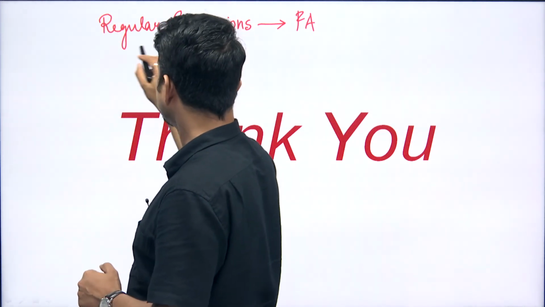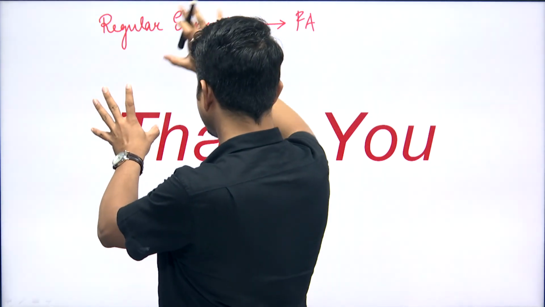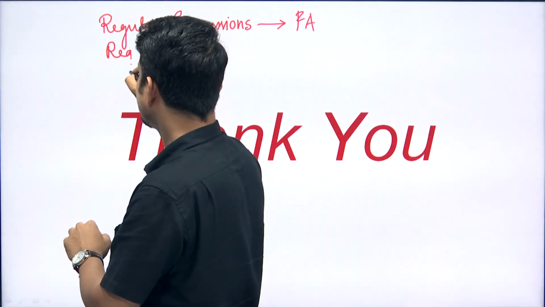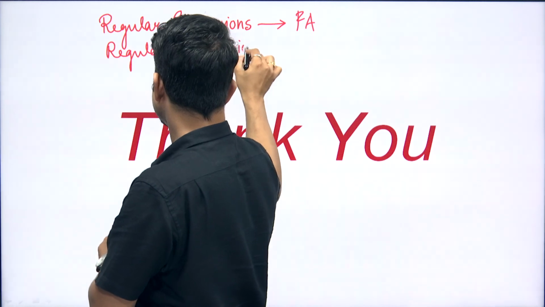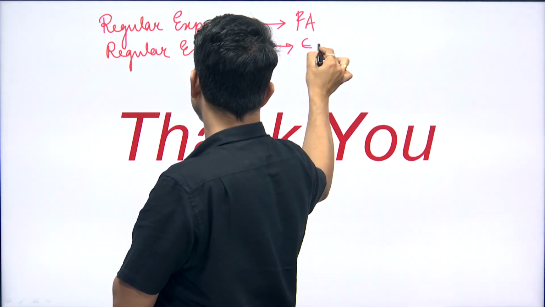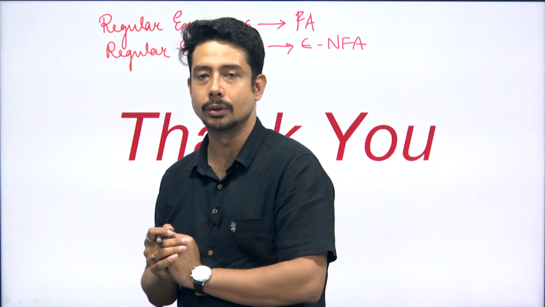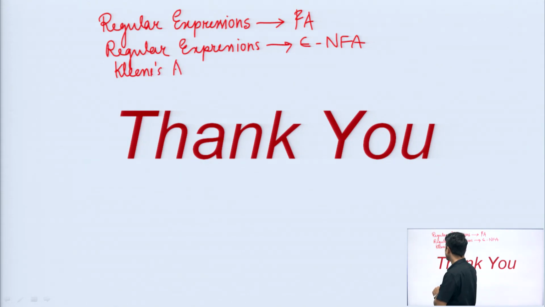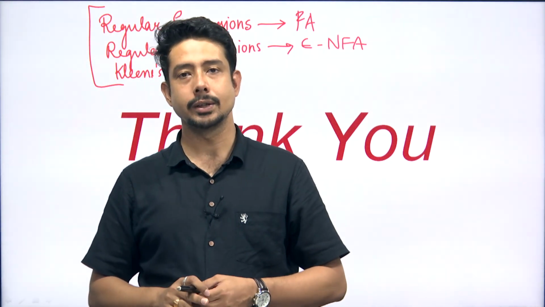And second, you have seen some of the basic operators for which you have tried to convert the regular expression to finite automata, and then you have seen regular expression to epsilon NFA, and for this you have used the Thompson's construction algorithm, and then also you have seen Kleene's algorithm. So, this is the summary of this particular presentation. So, I hope you have understood the entire scenario.